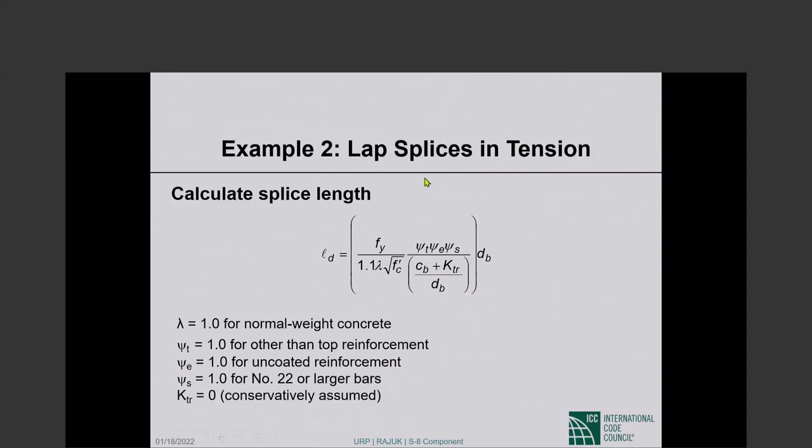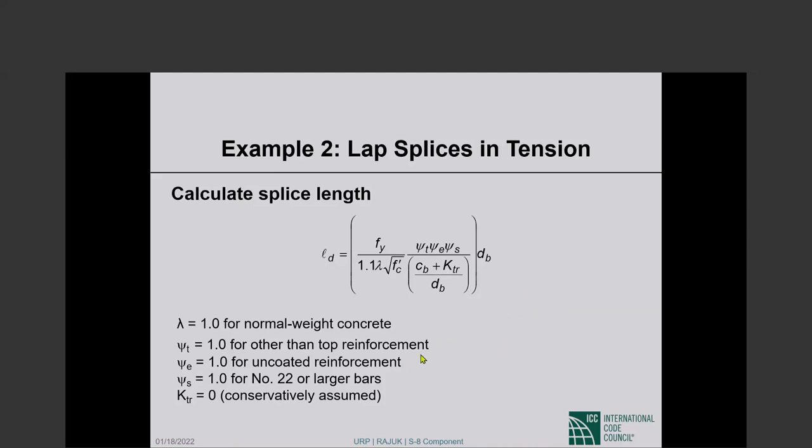The development length is given by this expression, and I don't know how necessary it is. So lambda is lightweight concrete factor. The psi sub t is top bar factor. Top bar is a bar having more than 12 inches of concrete cast in one lift underneath the bar. Okay, so for our bottom reinforcement, it is definitely other than top bar, so psi sub t is equal to 1.